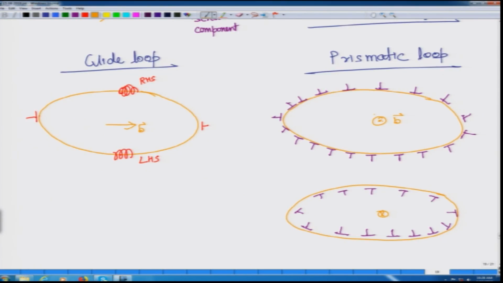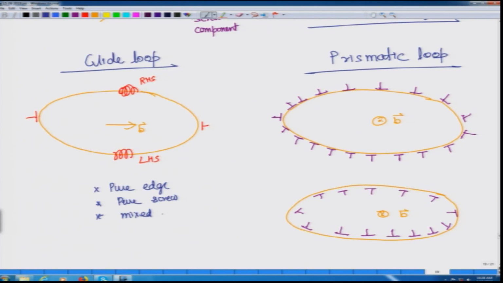So, this was coming out, now this is going in. So, this is a prismatic loop, and in this particular case, when we looked at the glide loop, it has pure edge, pure screw and mixed.